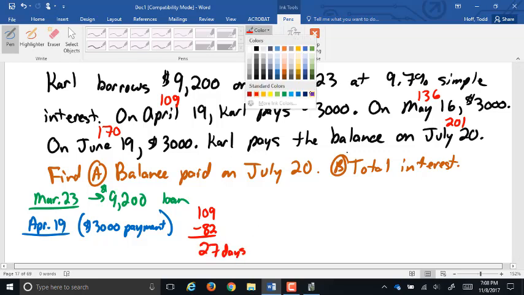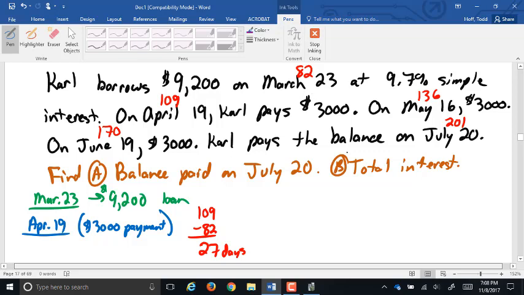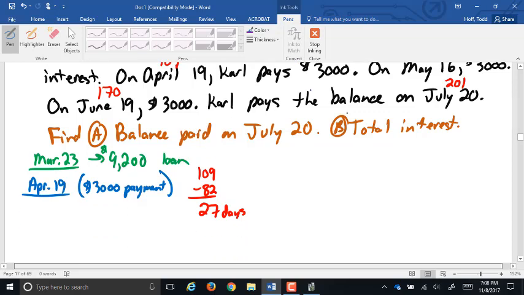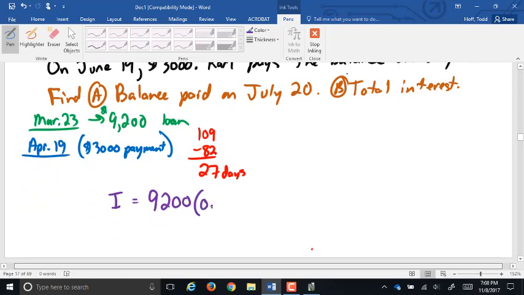What's our next step? Find the amount of interest that's built up. So it's 9,200 is our balance. Our rate is 9.7%, so 0.097 times 27 over 360.